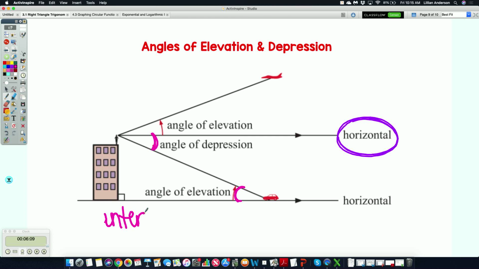What's another word for opposite? Alternate. They were alternate interior angles. Alternate interior angles are always congruent. That's why angles of elevation and depression are equal to each other. So the angle of elevation from the car to the person is the same as the angle of depression from the person to the car.